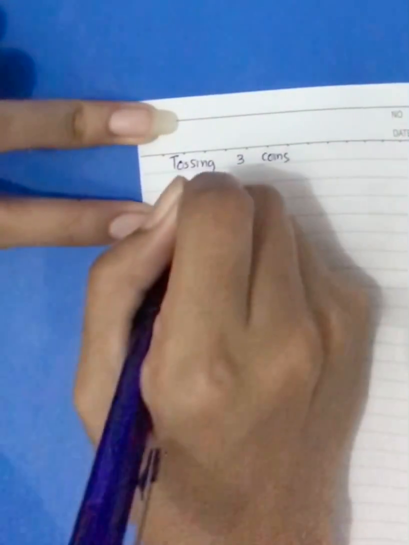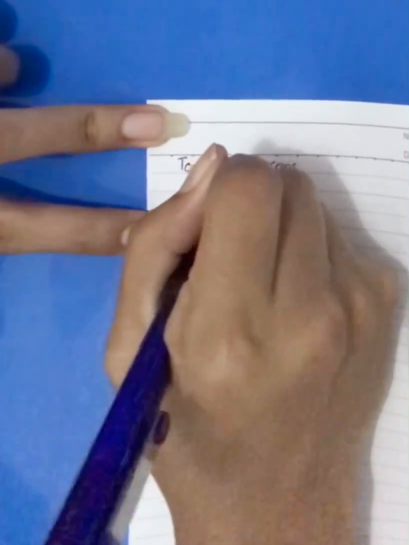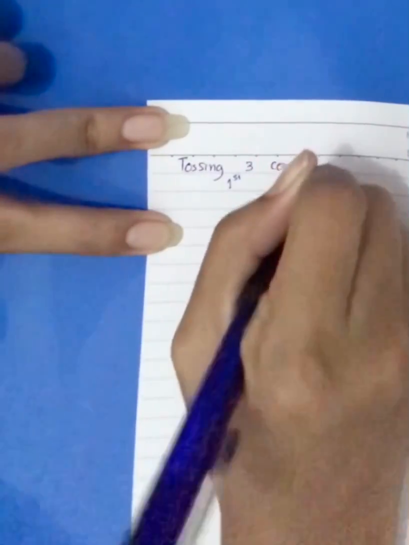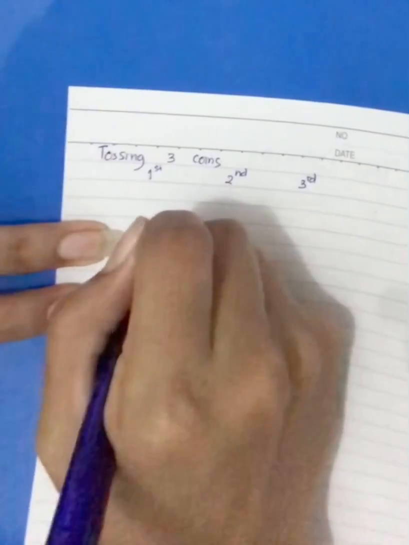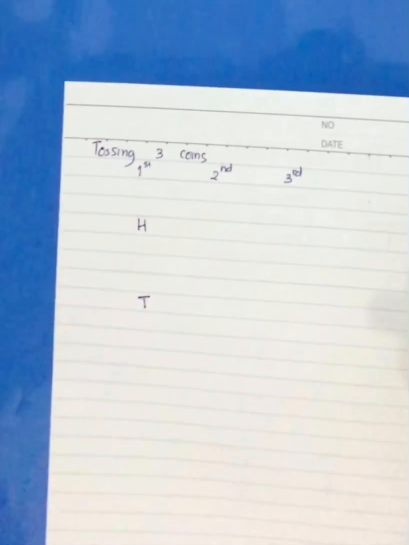So let's write it on the top: the first, the second, and the third. For the first coin, the possible outcome is again only head or tail, right? So just give more space here.